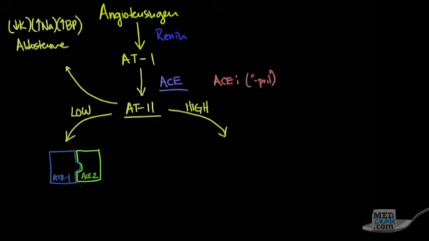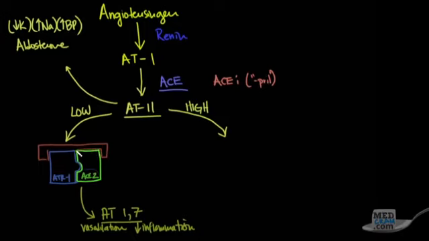Now, as it turns out, angiotensin 2 will be converted by ACE2 into angiotensin 1,7. And it's very important for you to understand angiotensin 1,7 because angiotensin 1,7 causes vasodilation and decreases inflammation. That's a good thing. It's also possible that you could have an angiotensin receptor blocker that would block this, and that is an ARB.